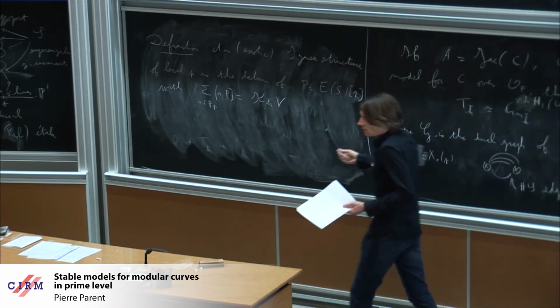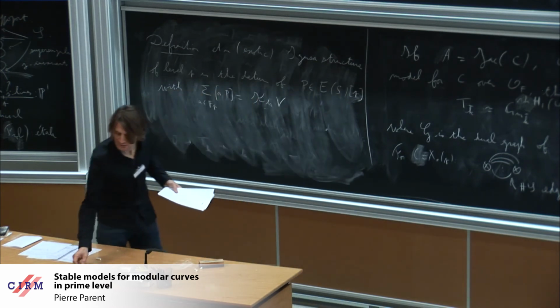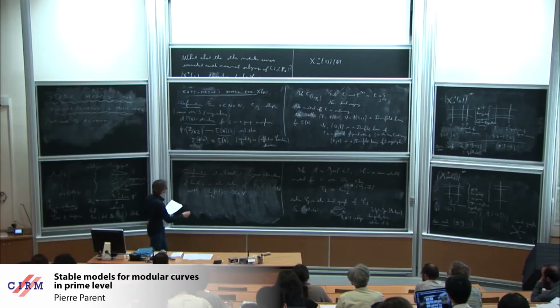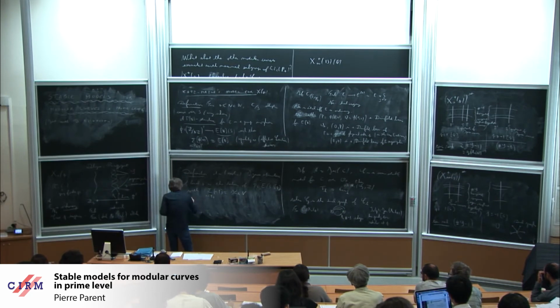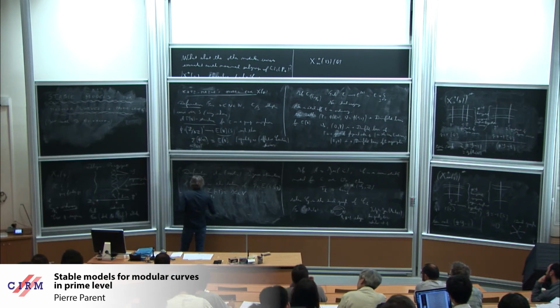Okay, so this is an object which is similar to the modular curve X1(P) in characteristic P. And then there is a theorem of Igusa which says that such a structure is representable.